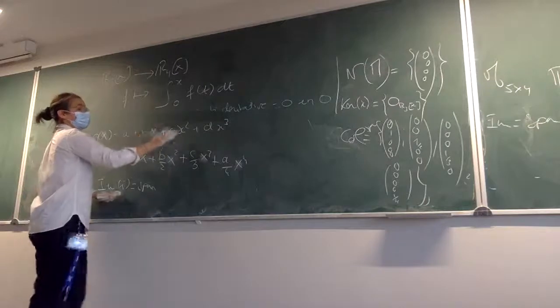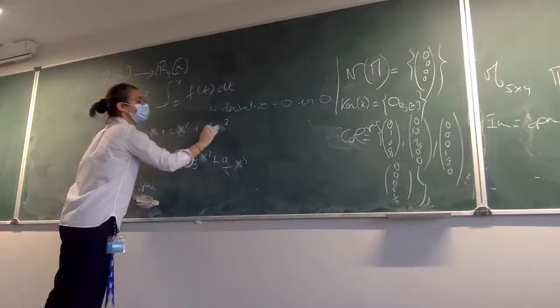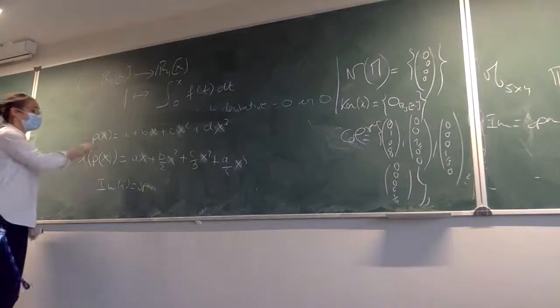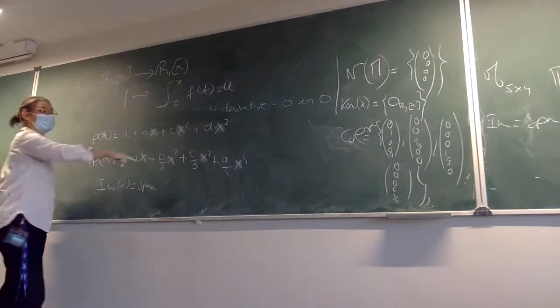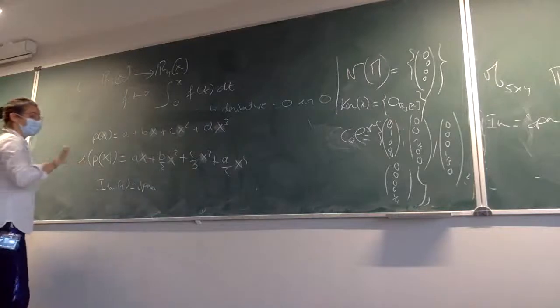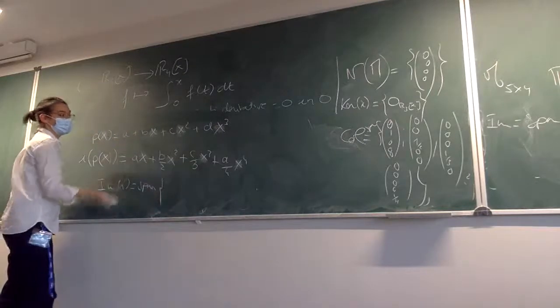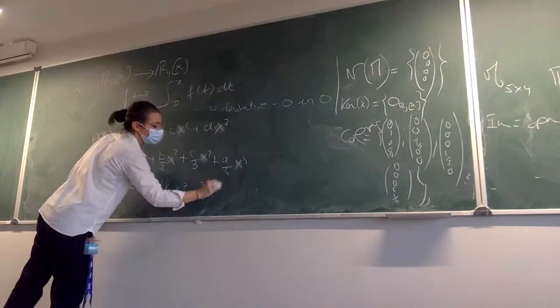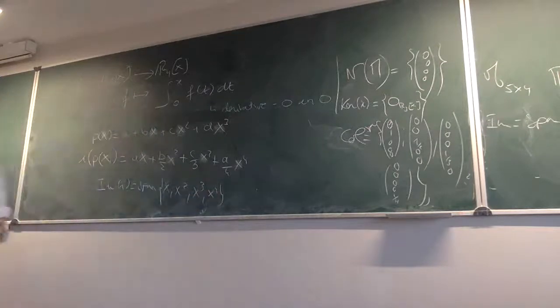I take my polynomial in R_3[x], which is a linear combination of these items, and the image is going to be a linear combination of these items, so it's in the span of x, x2, x3, and x4. So the image has dimension 4 and not 5.